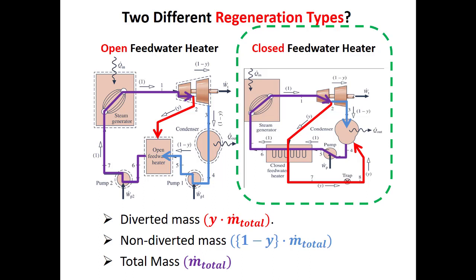And that's the way that I'm trying to teach you how to do this class: if we have a good process, it doesn't actually matter what the components are. We just follow the process and we have a good chance of getting to the right answer. So I can ask you for a problem that's an open feedwater heater or a closed feedwater heater, or a problem that has an open feedwater heater and a closed feedwater heater and some regeneration between multiple turbine stages.